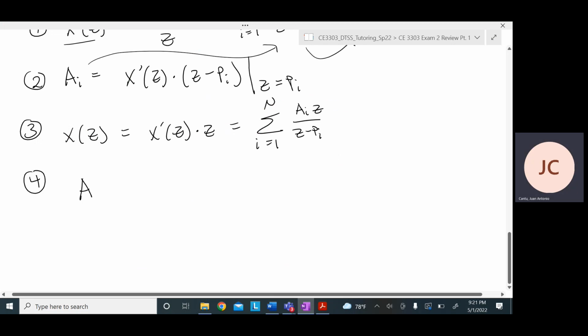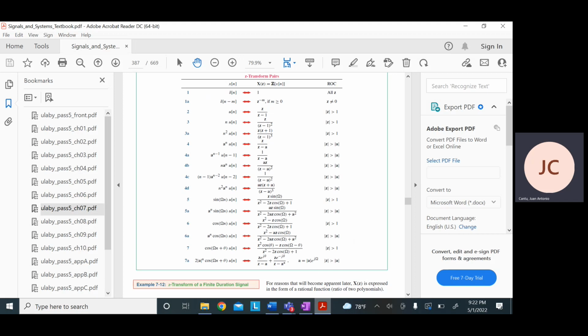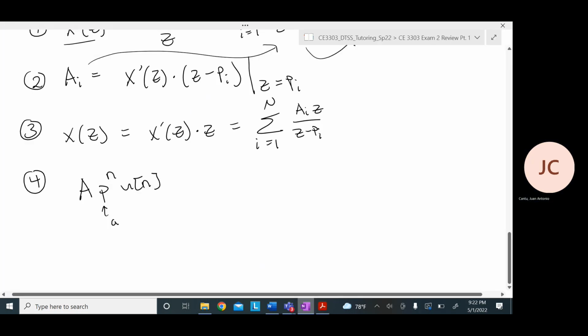So I'll say a times our pole raised to the n u of n. If we look at the z transform table, this pole is basically the same thing as our lowercase a to the n u of n, and this is just some coefficient. The z transform of that is our coefficient times z over z minus p, just like we saw in the z transform table.